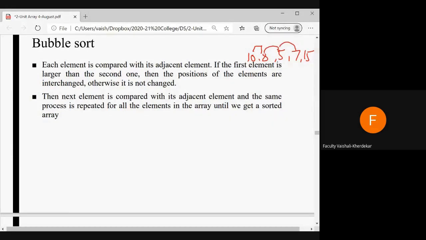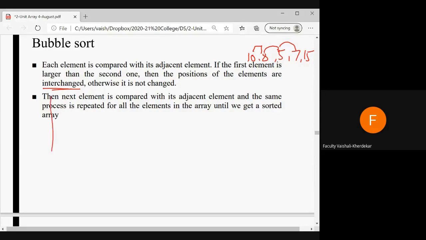Bubble sort is a comparison based sorting. The first element is compared with the second, the second with the third, and accordingly the positions of the elements are interchanged, which means the elements are swapped or exchanged. In this way it is performed.